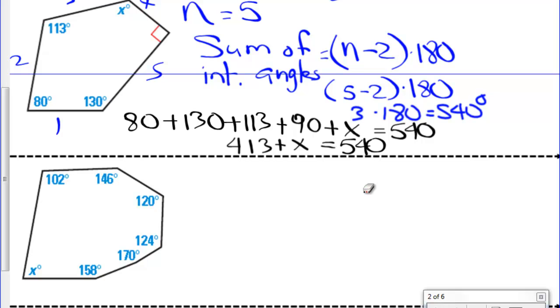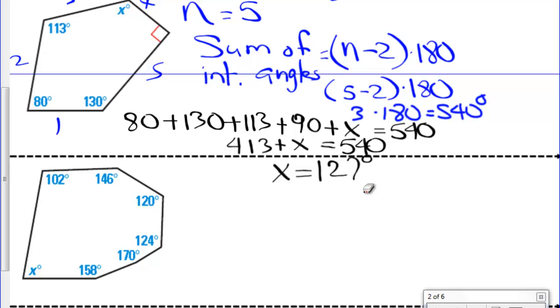Good, 540. Okay, so now subtract what from both sides, Anastasia? So subtract 413, and we get x equals 127 degrees. And we're done.